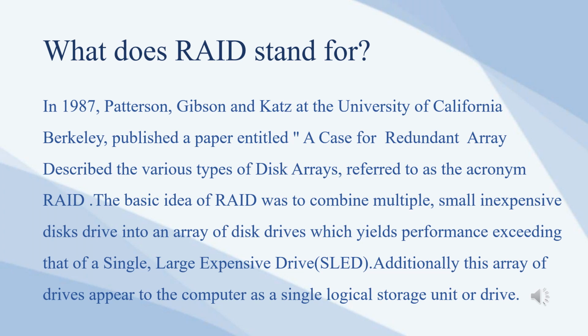The basic idea of RAID was to combine multiple small, inexpensive disk drives into an array of disk drives which yield performance exceeding that of a single large, expensive drive, SLED. Additionally, the array of disk drives appears to the computer as a single logical storage unit or drive. We know that RAID stands for Redundant Array of Independent Disk Drives.